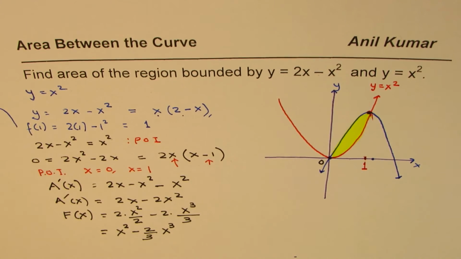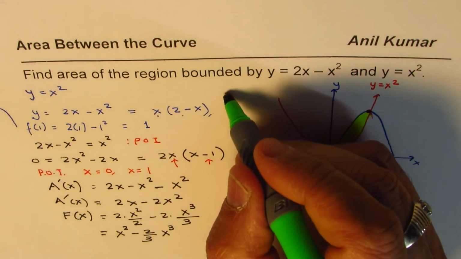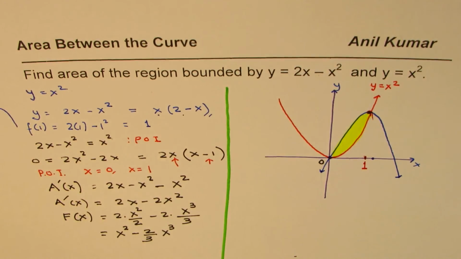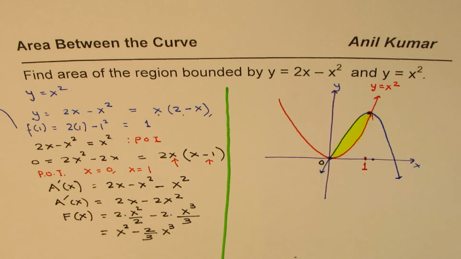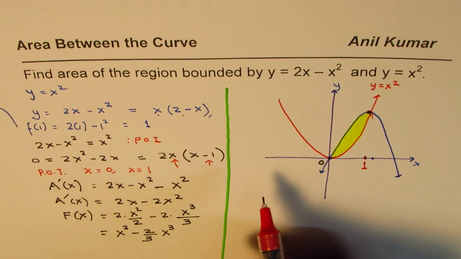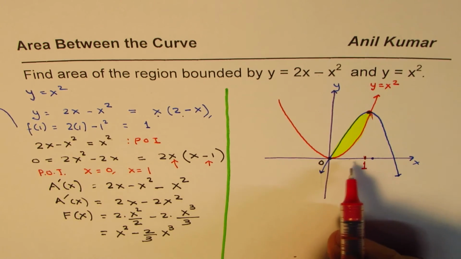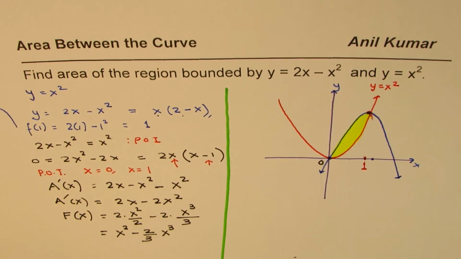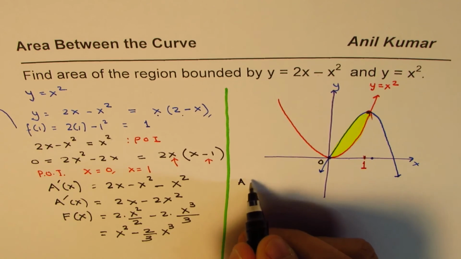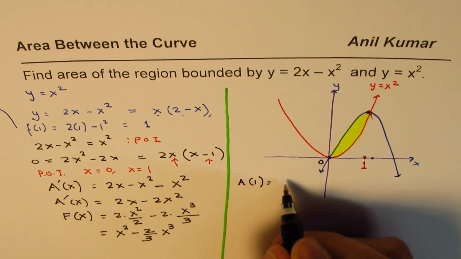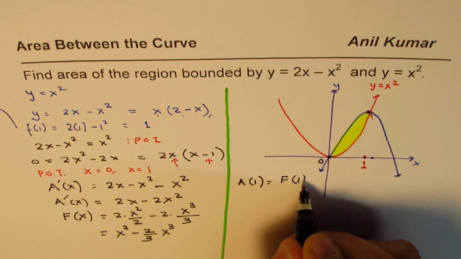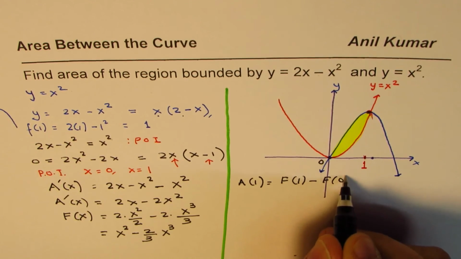So we get an expression of the antiderivative. We are choosing c to be 0, by our choice. Now since we need to find the area between 0 and 1, we can say that A equals F of 1 minus F of 0, right?